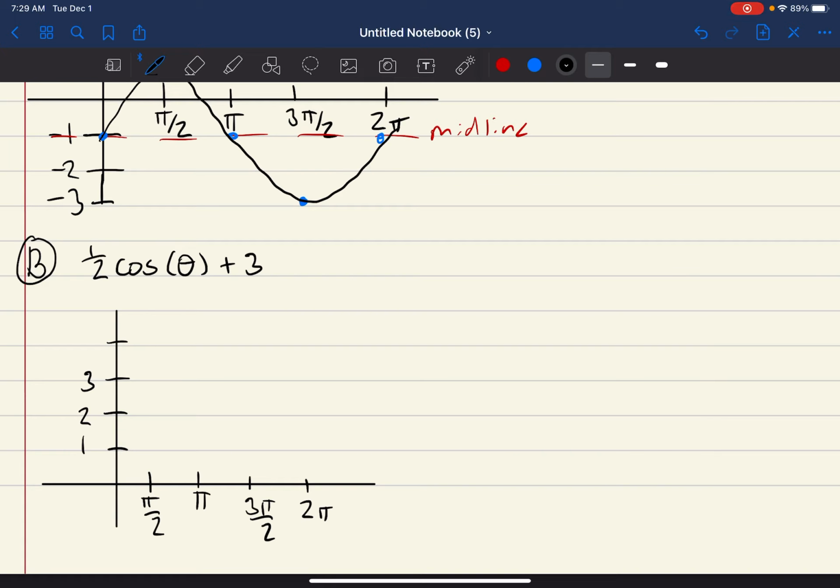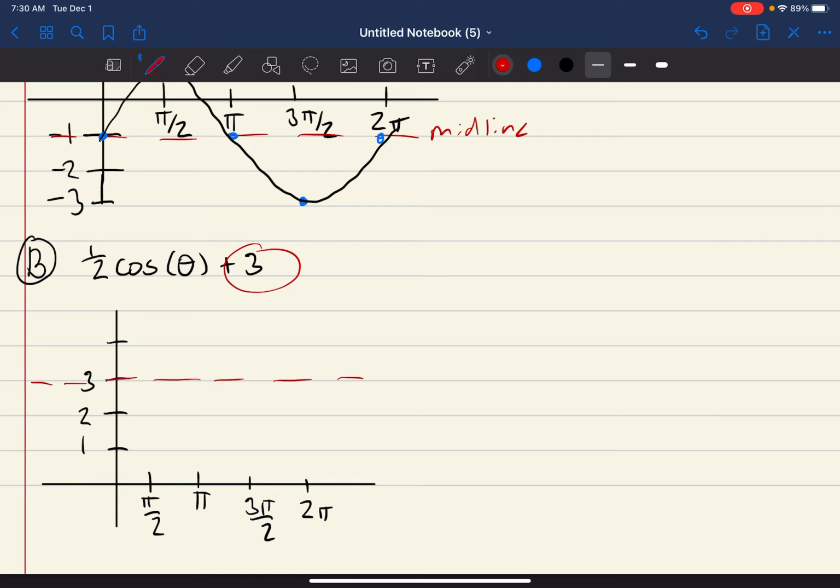All right, so if you are finished, this is what I would like. You have that it will compress by 1/2 because it's between 0 and 1. And then you know that we have it shift up by 3 because of this 3 right here. And that will cause us to have this midline.